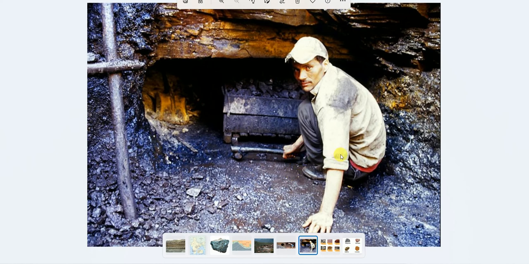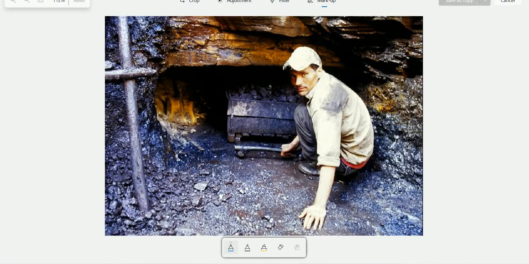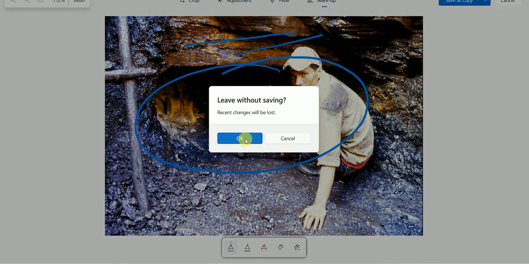Sometimes the roof may collapse. See, this roof may collapse, and the people working here may be trapped, leading to death. So this is very, very dangerous, very, very risky.